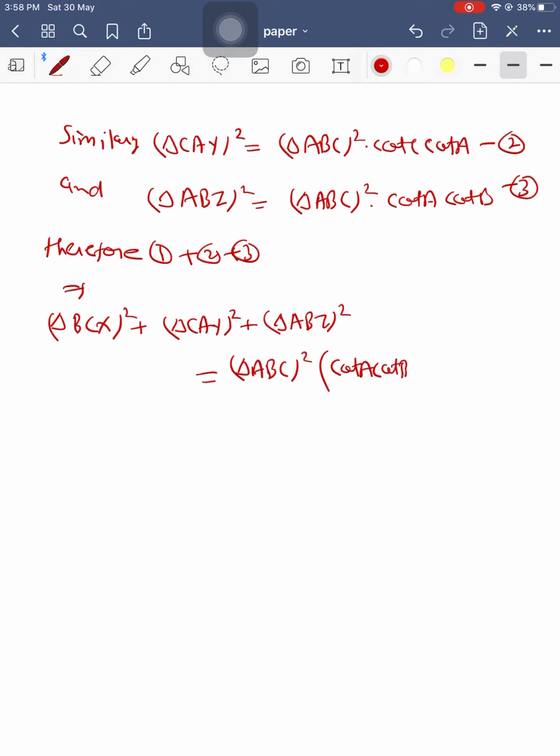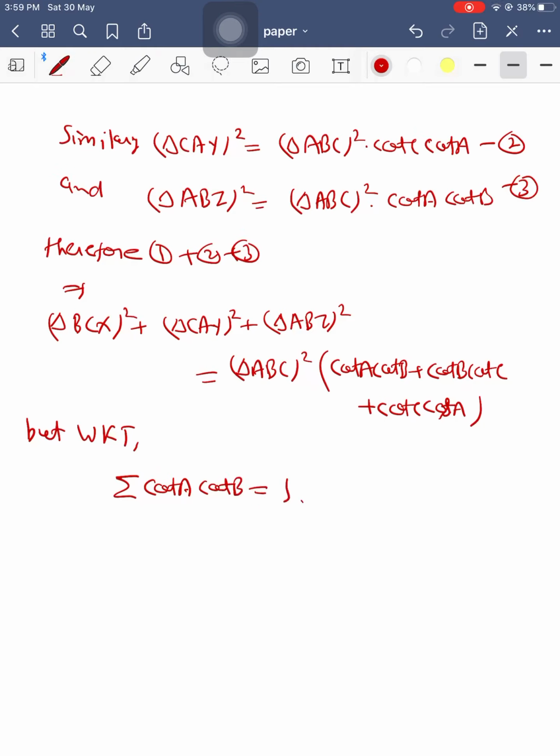Cot A cot B plus cot B cot C plus cot C cot A. But we know that sigma cot A cot B in any triangle is a well known identity, and its value is 1.